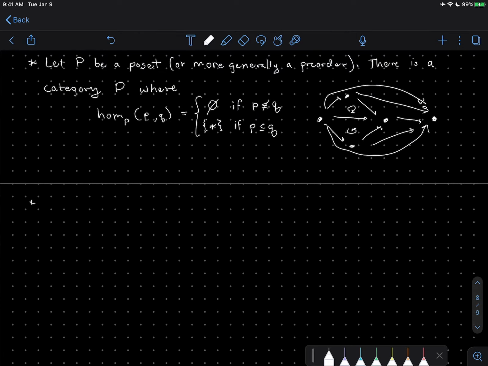Here's another interesting class of examples. So let G be a group.